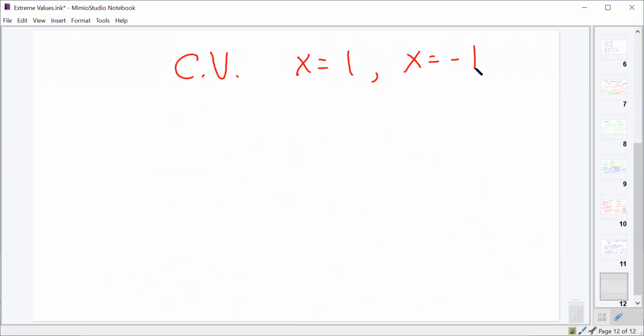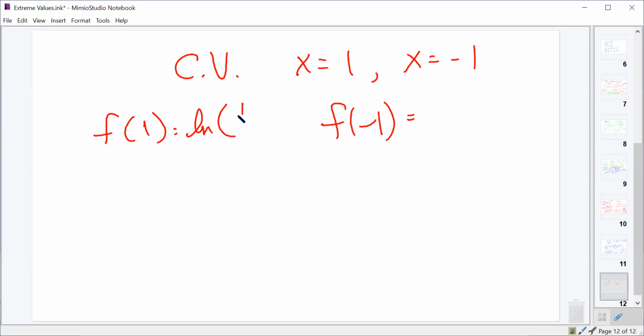So those are our two critical values. Let's find f of 1 and let's find f of -1. F of 1 is the natural log of what? 1 over 2, so natural log of a half. And f of -1 is what? The natural log of -1/2?